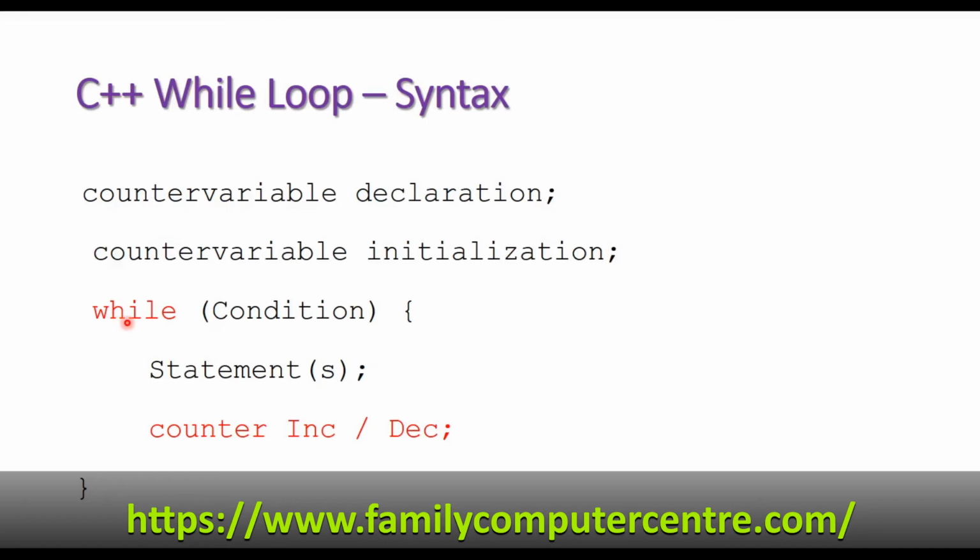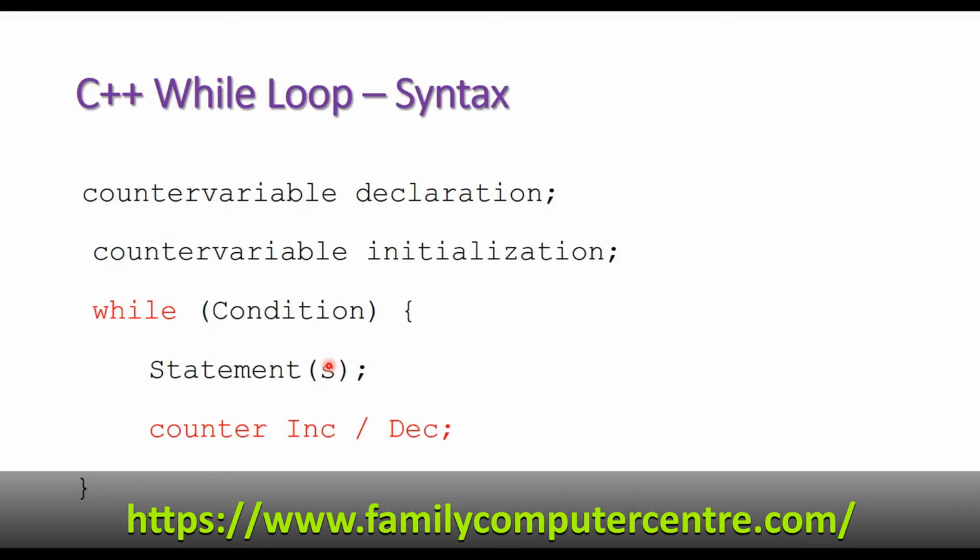Then you start with the keyword while, and in the brackets you specify the condition to control how many times the loop should work. We write the condition using the counter variable. Then you open the curly bracket, and inside the curly bracket you write the statement or statements that you need to be repeated a number of times.